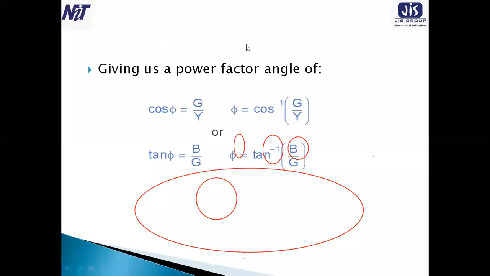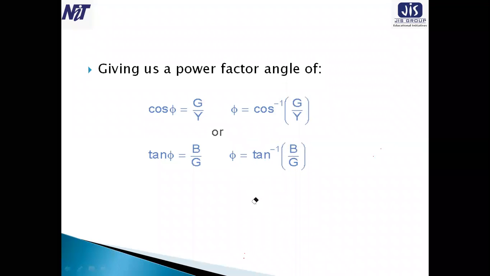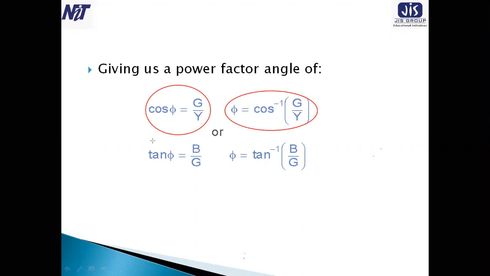Now the question is also about the power factor angle of the circuit. So cos phi equals G by Y, where phi will be equal to cos inverse G by Y, and tan phi equals B by G. From the phasor diagram we can easily find it, so phi equals tan inverse B by G. These equations we easily find from the phasor diagram using the simple concept of trigonometry, the concept from class 9, 10.